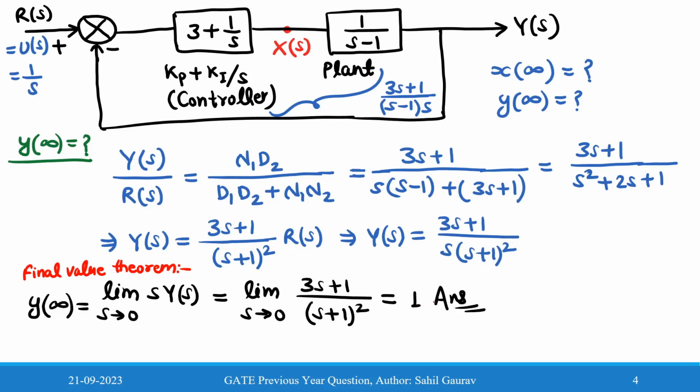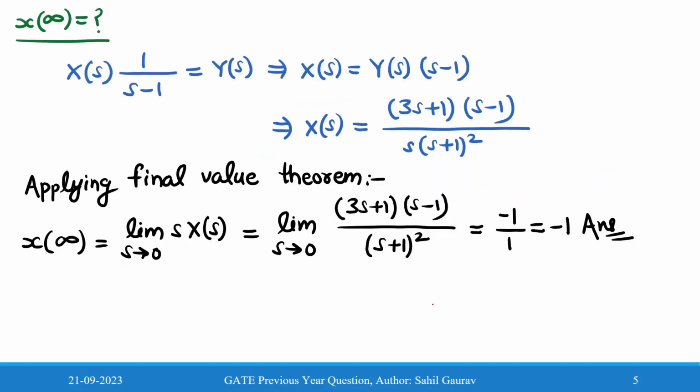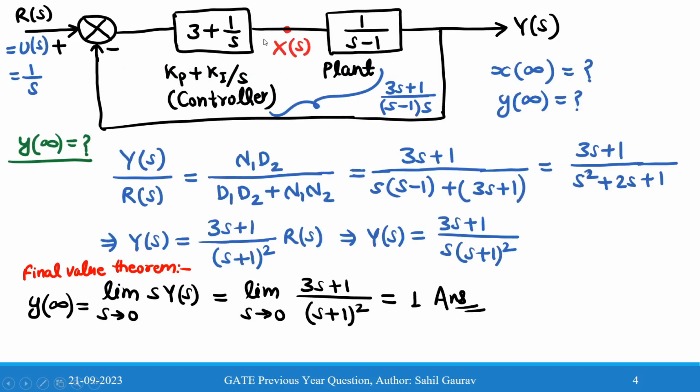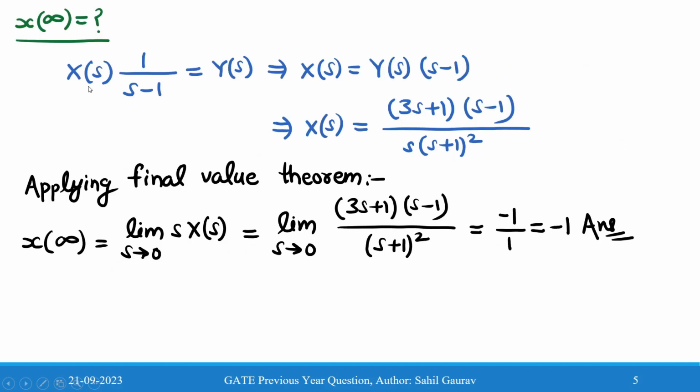Now we will find the final value of the controller output, that is, the controller output at steady state. From the block diagram we can write X(s) into 1 divided by (s minus 1) is equal to Y(s). So X(s) is equal to Y(s) into (s minus 1). So we can write X(s) as (3s plus 1) into (s minus 1) divided by s into (s plus 1) whole square.